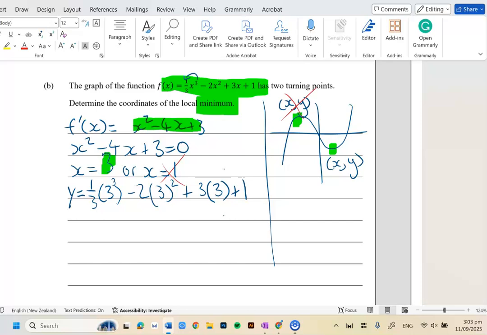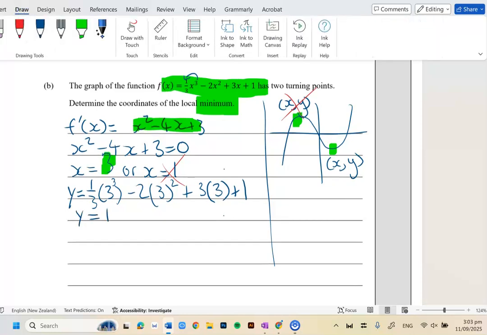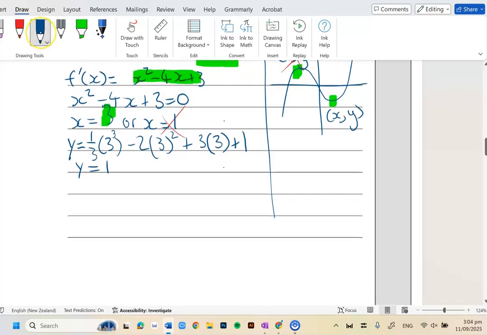Okay. Once you do that, y should equal 1. So the coordinates are 3 and 1, because that's your x and your y.